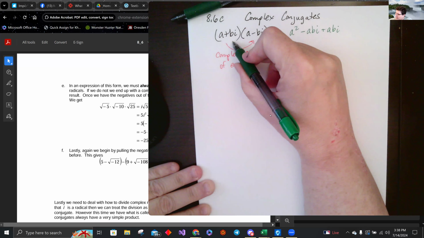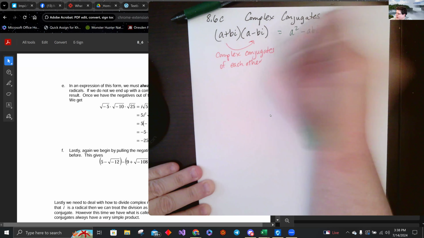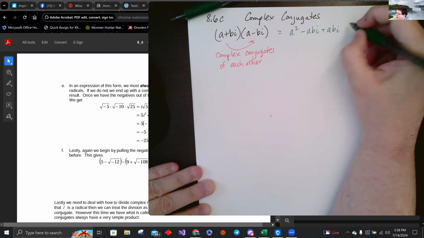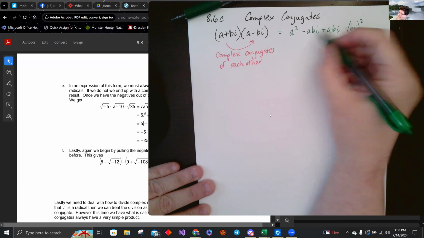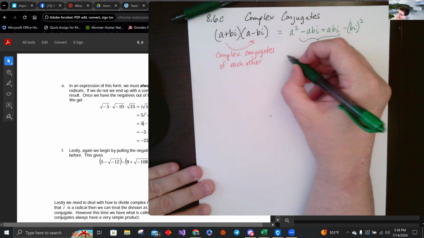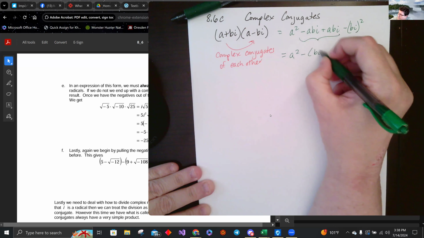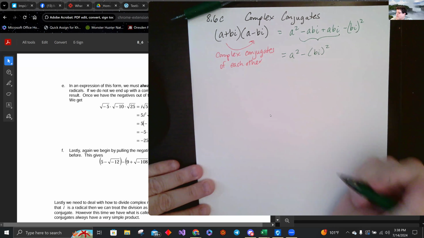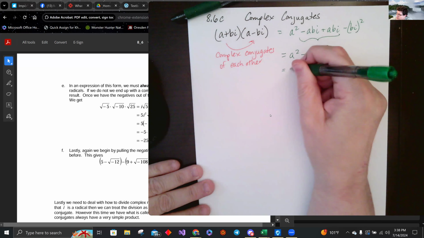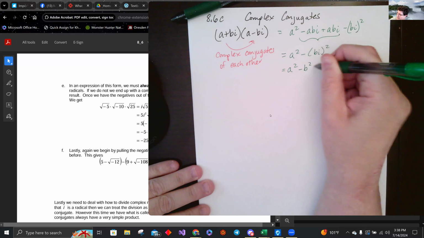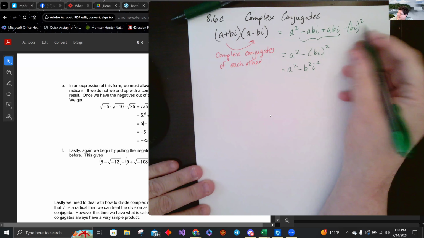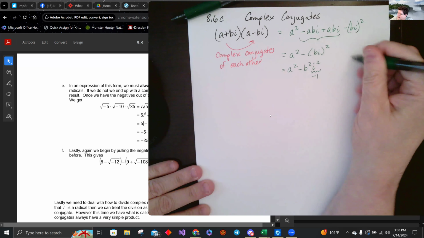And then we've got bi times negative bi, which is negative b i squared. And these two cancel each other out. This turns into a squared minus b squared i squared. And i squared is -1.